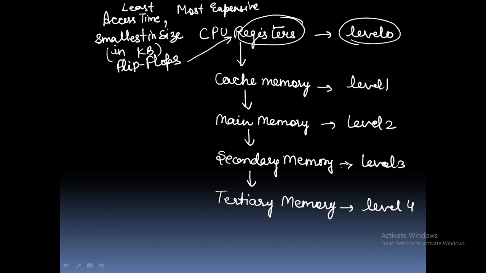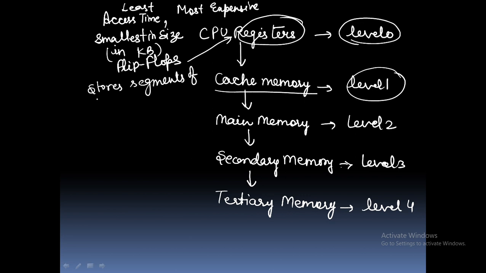Now, the second level is cache memory, known as level 1. Cache memory is also present in the CPU. It stores the segments of program which are frequently accessed by a processor.